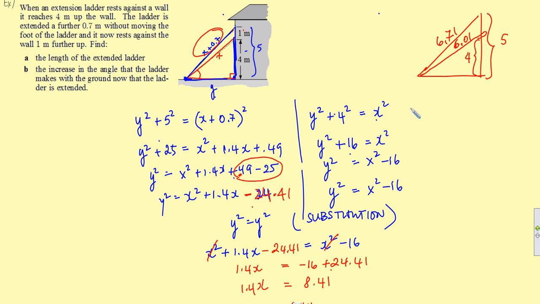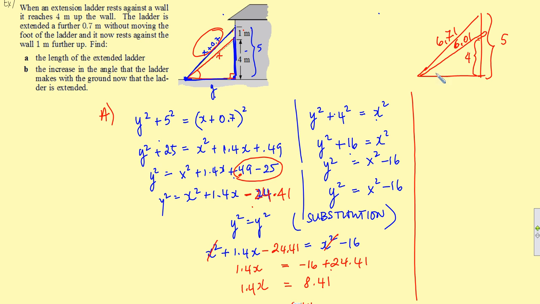So what you're being asked to complete in Part B, so this was only Part A, is the increase in the angle that the ladder makes with the ground once the ladder has been extended. So what you definitely need to do here is find the measure of both angles on the ground.